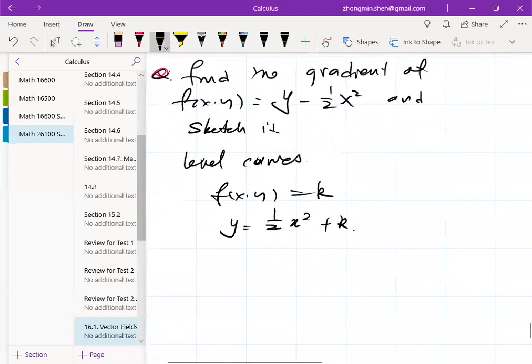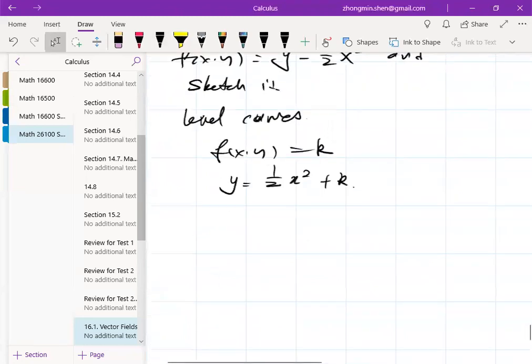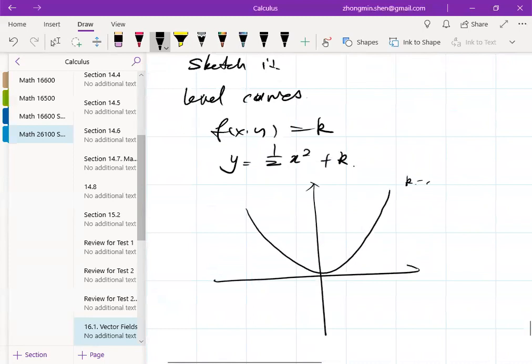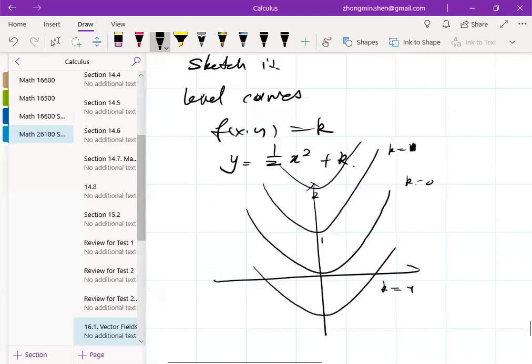Okay, so these are the level curves: this one when k equals 0, when k equals 1, k equals 2, and the same here when k equals negative 1.